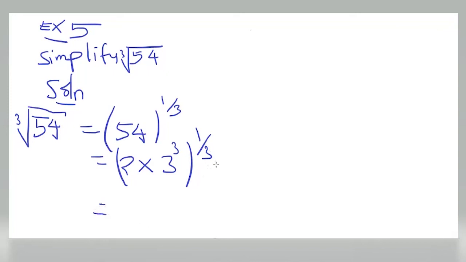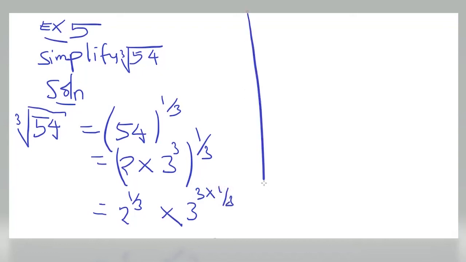Just break up the bracket by inheriting the exponent 1 over 3, then this one will be equal to 2 power 1 over 3 times 3 power 3 times 1 over 3. Now 3 and 3 will cancel, therefore we have 3 power 1.